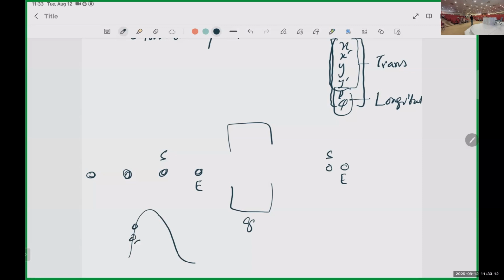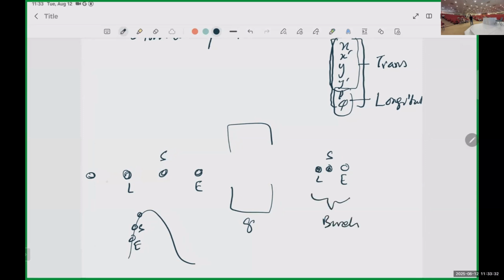The early particle gains lesser energy. The synchronous particle has a certain energy. What about this late particle? The late particle will gain much energy, and it will come closer to this distribution. This will make a single bunch.